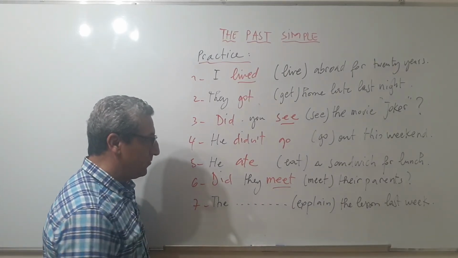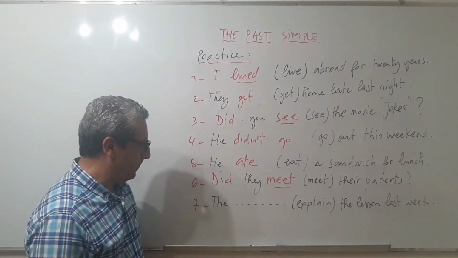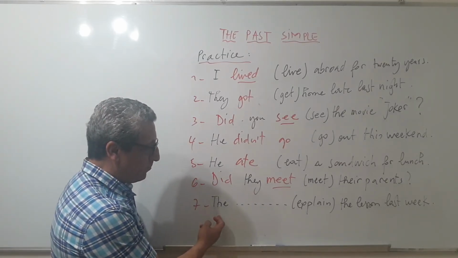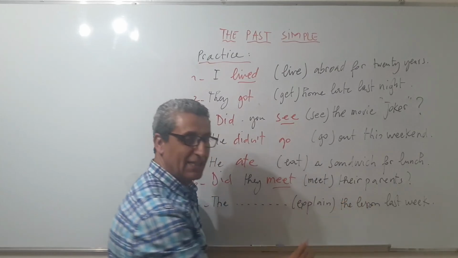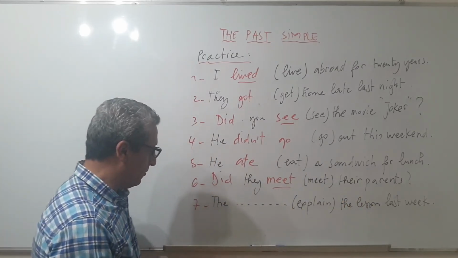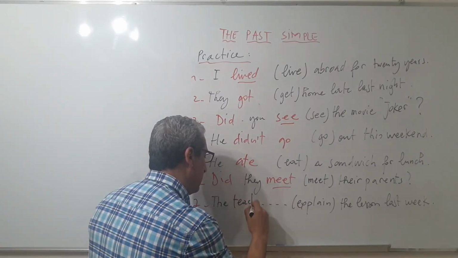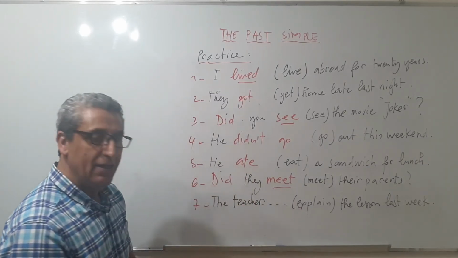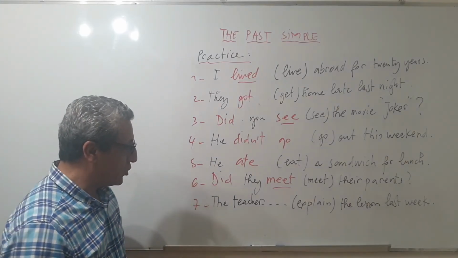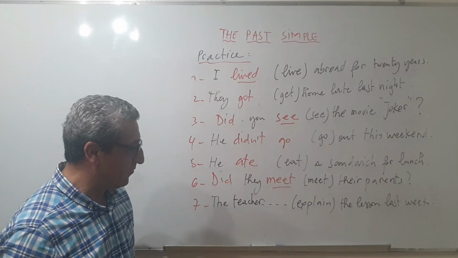Okay, good. The last sentence, okay, number 7, explain the lesson last week. Well, so here, sorry, it's the teacher. Okay, the teacher. The teacher, the verb explain. It is an affirmative form.